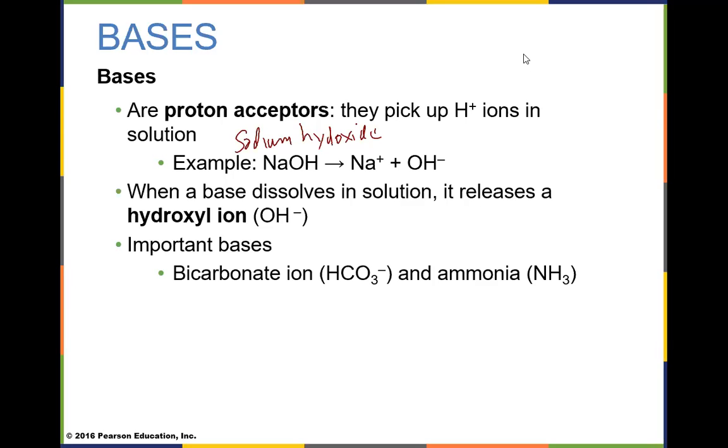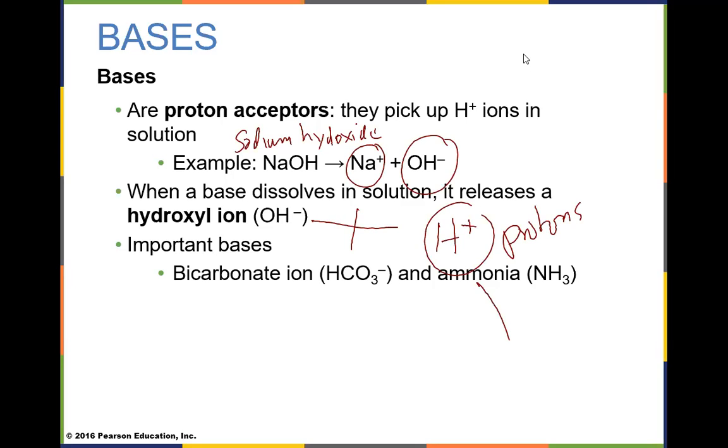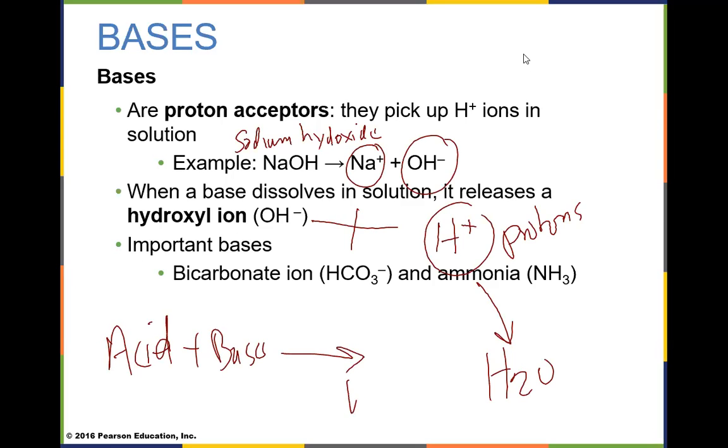Anyway, sodium hydroxide, when it dissociates, will give you the sodium ion and the hydroxyl ion. Those hydroxyl ions will grab hydrogen, grab the protons, and the end result is water. So an acid and a base together in a reaction will end up giving you water.